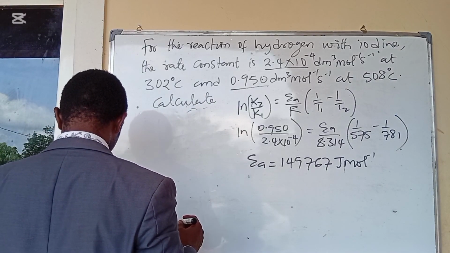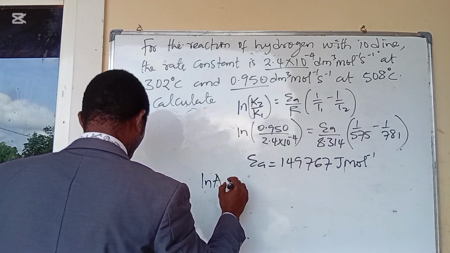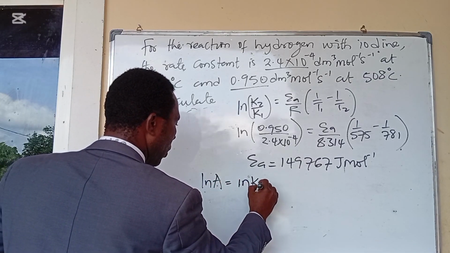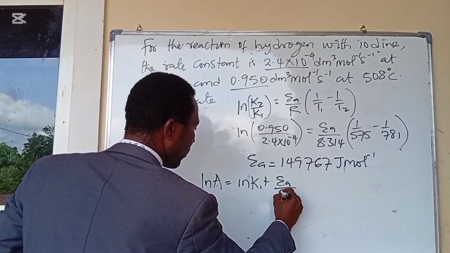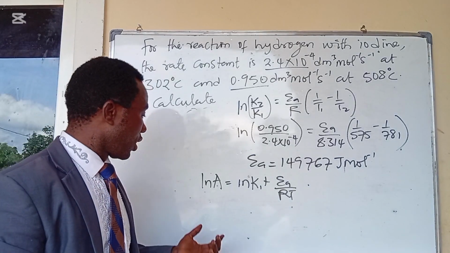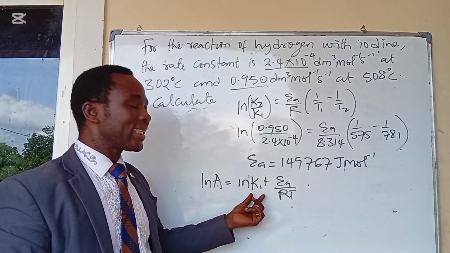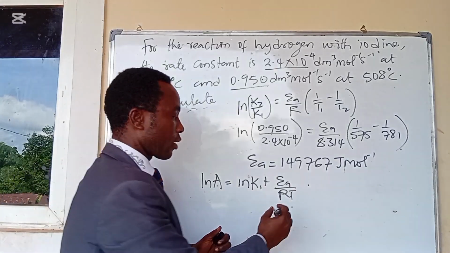For the frequency factor, we can take ln A equals ln K1 plus EA over RT. We can use this equation. If you like, you can use ln A equals ln K2 plus EA over RT.